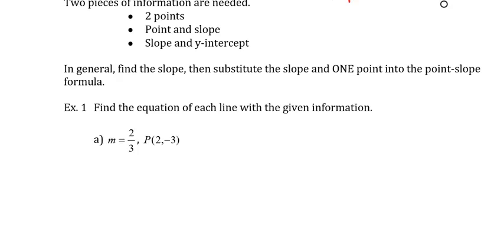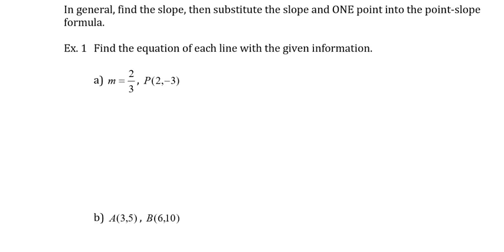Everybody ready to try one? Okay, and I'm going to kind of outline the information that I have. So I have slope. Oops, I'm not going to use red. Okay, my slope, m equals 2 over 3.